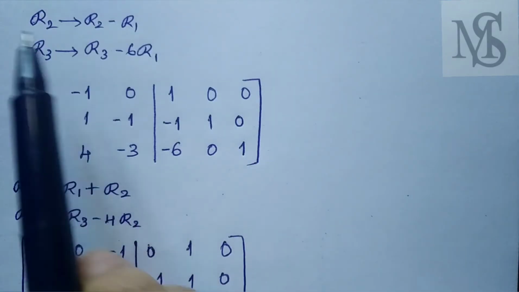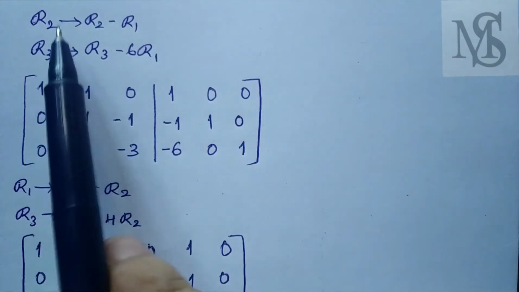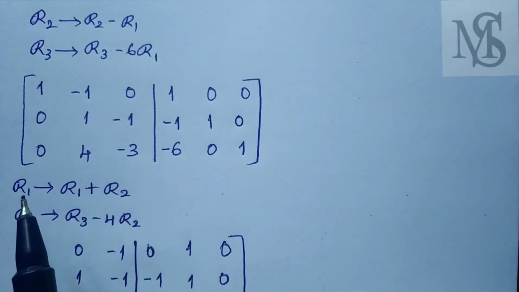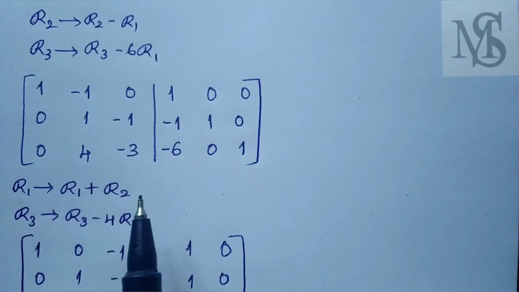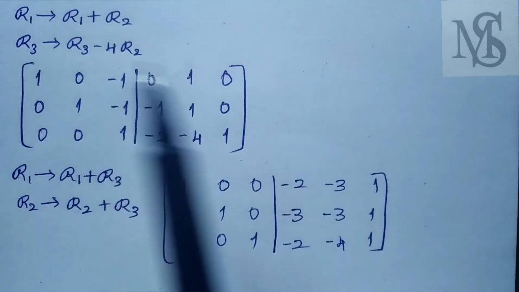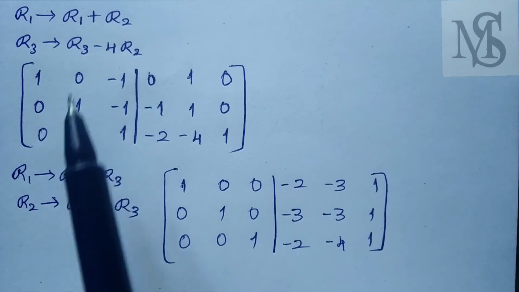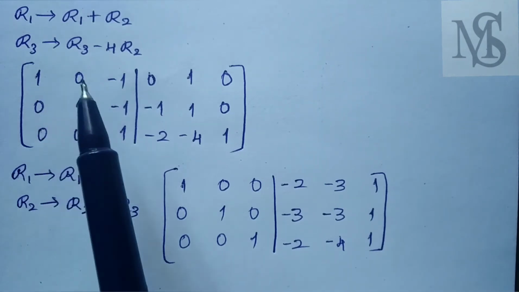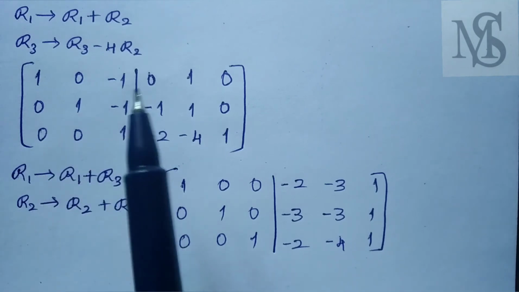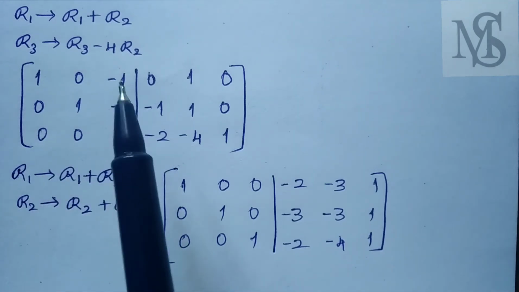In the first step, we are changing R2 and R3. According to this rule, we are getting a matrix. Again, in this matrix, we are changing R1 tends to R1 plus R2 and R3 tends to R3 minus 4 R2. Again, we are getting a matrix like this. Again, in this matrix, you see 1 0 minus 1, 0 1 minus 1, 0 0 1. In these 2 places it should become 0.